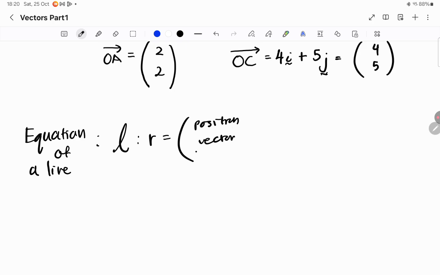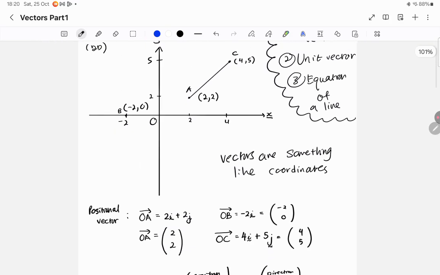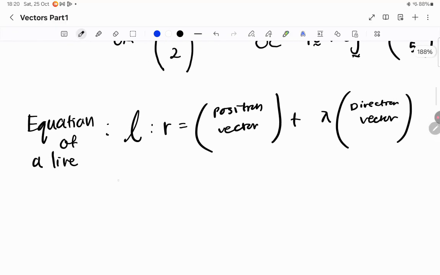of any point on that line, and a constant of your choice, which could be lambda or mu or anything, and this will be the direction vector. Now, how do you find the direction vector? Direction vector is basically AC. So our starting point should be A, final point should be C. So how do we do that? It should be AO plus OC.